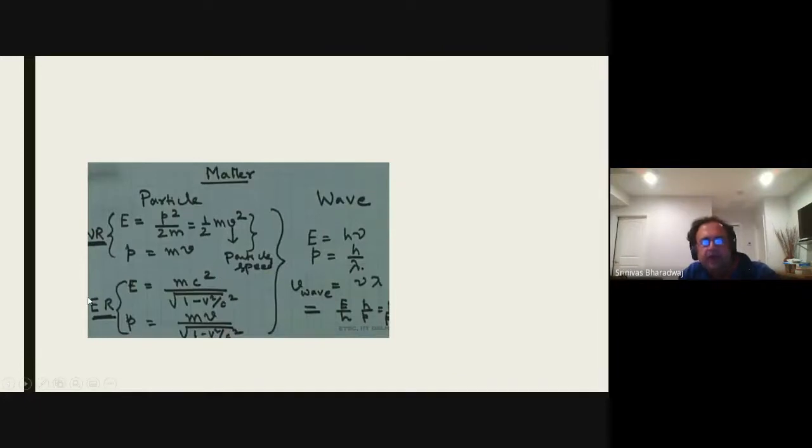Okay, now Einstein's relativity has changed the resultant ideas associated with this: E equals mc square by square root of 1 minus v square by c square, right? Basically, E is equal to mc square, right?